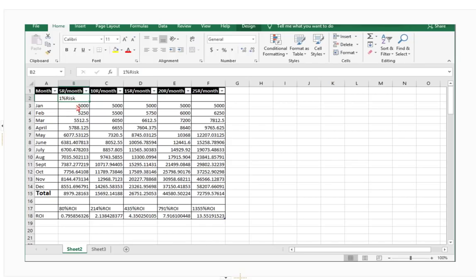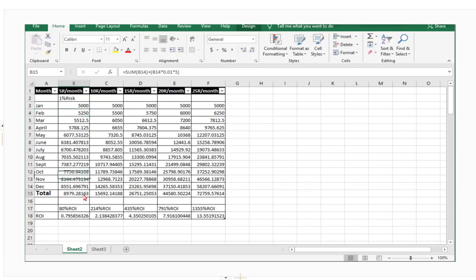Each month, this number is the start of that month. So if we make 5R per month at 1% risk per trade, at the end of January, beginning of February 1st, the account grows to 5250.